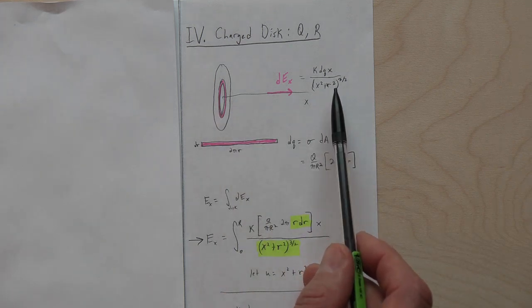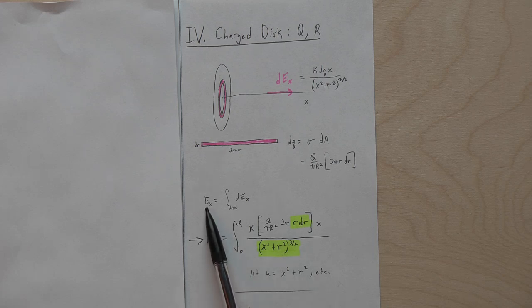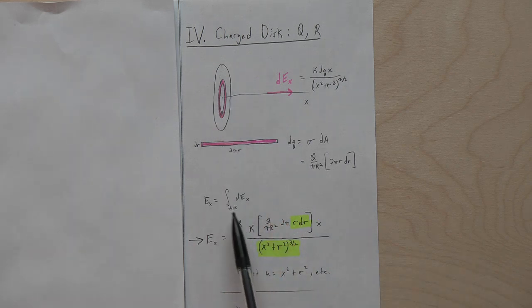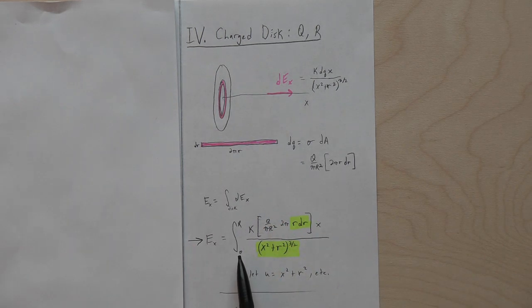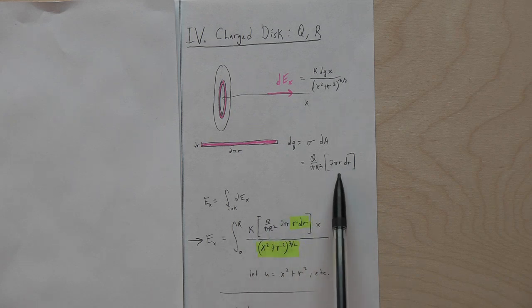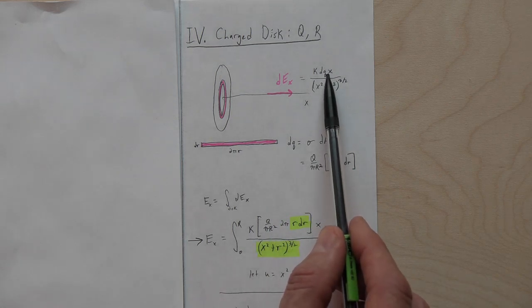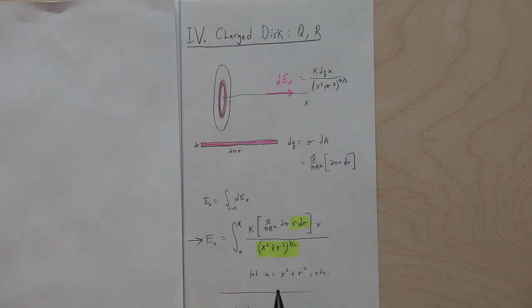So I use this formula now, and I say that the total electric field will be the electric fields of each of the rings integrated over the entire disk, in other words, from 0 to R. This is the K, the Q that I worked out over here, times the x, so I'm using this formula over this denominator here. I highlighted the parts that integrate.